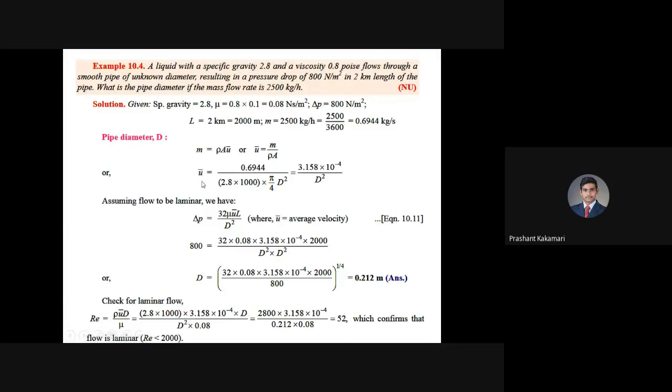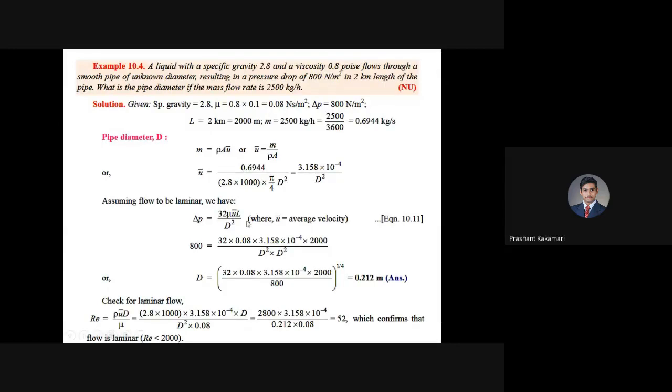Average velocity is dependent on diameter, and diameter is dependent on average velocity. Both are unknowns. So average velocity can be written as, in place of Ū, I can substitute 3.158 into 10 raised to minus 4 divided by d square. We converted this to keep the Hagen-Poiseuille's equation in terms of d only.